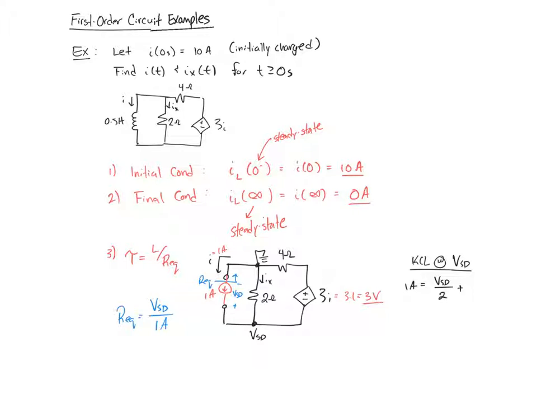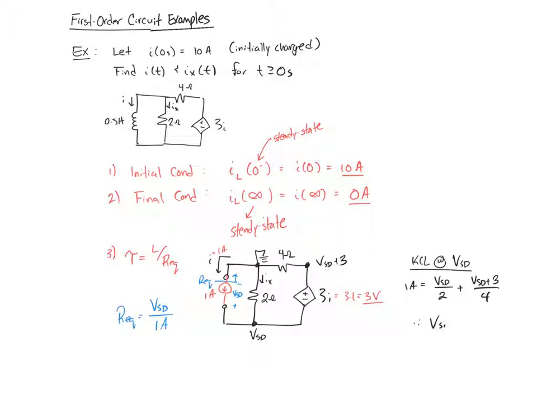Assuming the current is going out through this path, note that the node above the 3I voltage source is V_SD plus 3, so that current will be given as (V_SD plus 3 minus 0) over 4.